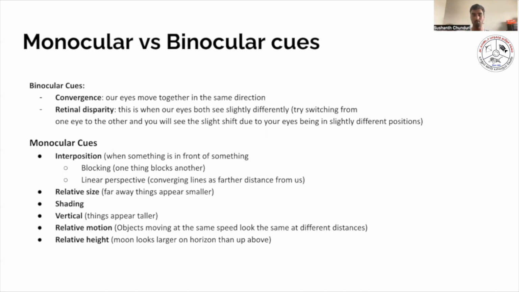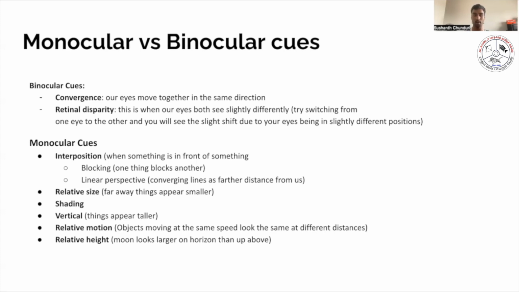Retinal disparity is when your eyes both see slightly different images, which you can try by switching from one eye to another and you'll see that slight shift. Your brain uses those disparities to get a better sense of where objects are. So people that have one eye taken out find it a little more difficult to have a perfect sense of where objects are.